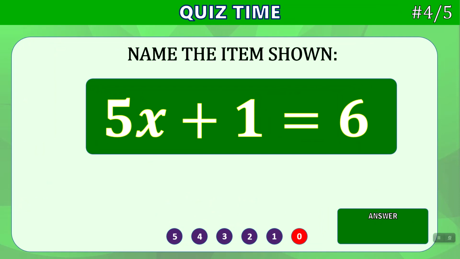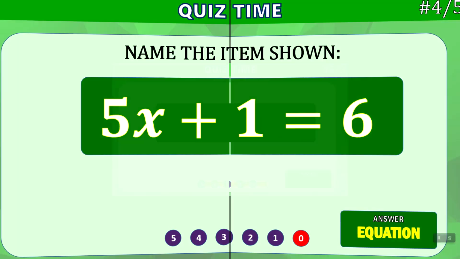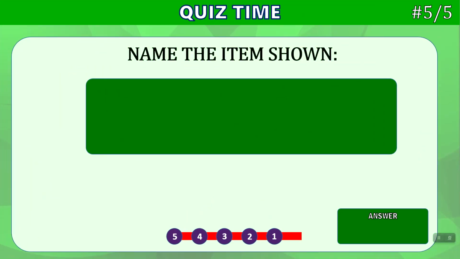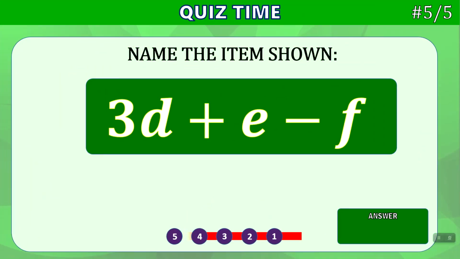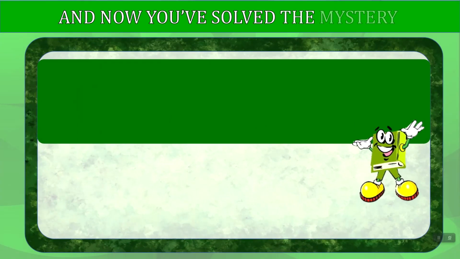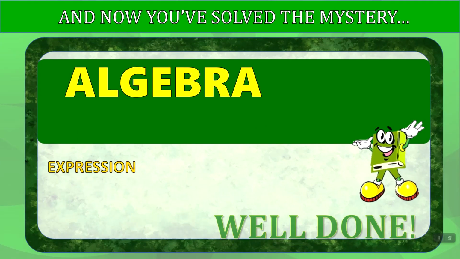I see an equal sign, and so that makes this an equation. And last question, question 5. Name the item shown. 3d plus e minus f. Time's up. I don't see an equal sign. I see 3 terms, 3d, e, and f connected by plus and minus signs. That makes this an expression. And now you've solved the mystery behind algebra vocabulary. Well done.